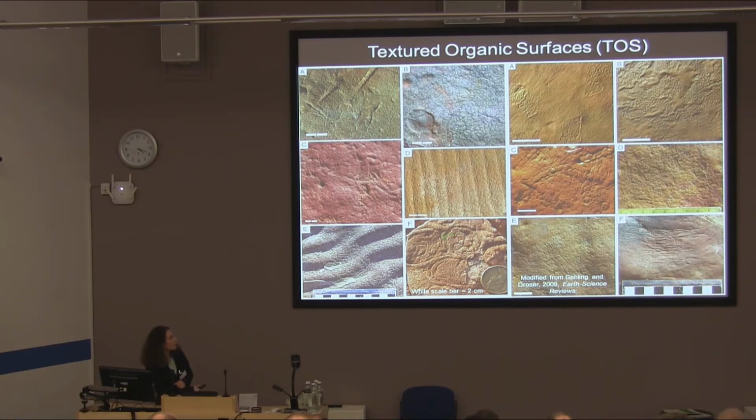In fact, many of them are complex enough that we can be reasonably certain that these so-called mats included not only prokaryotic communities, but also likely eukaryotes. So the complexity and diversity of these textured organic surfaces really sets the Ediacaran apart in Earth history.